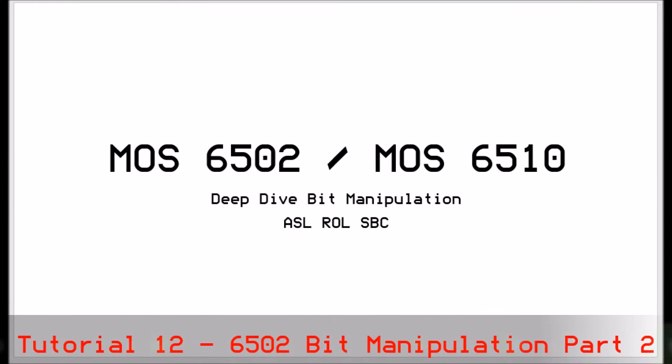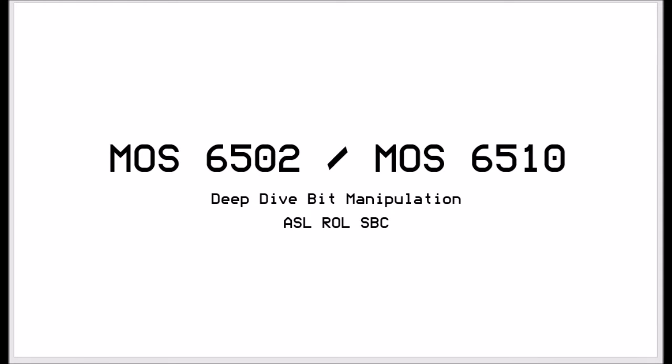This is tutorial 12, I think. After I did the bit manipulation tutorial, I think it was tutorial 9, when I was explaining how to logically shift right, rotate right and add with carry, I used a 16-bit multiplier as the code example.